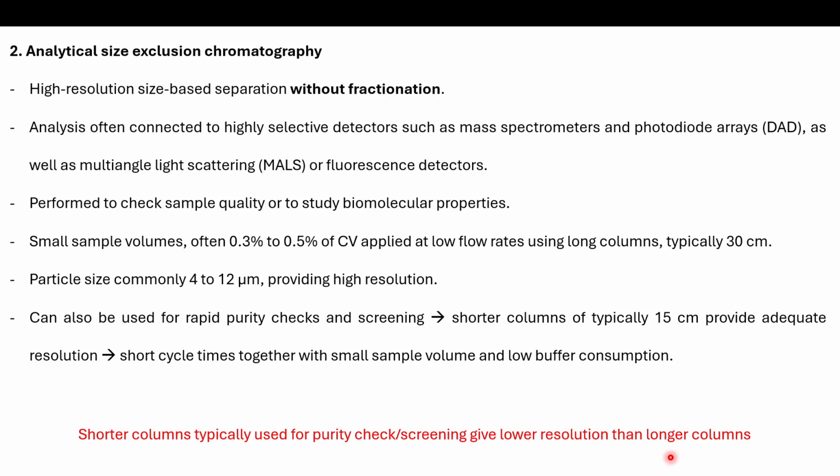The biomolecules get enough time as well as enough distance to really pass through the pores, or to pass without getting into the pores of the matrix. So longer columns will have higher resolution, compared to the columns which are used for purity check or screening.